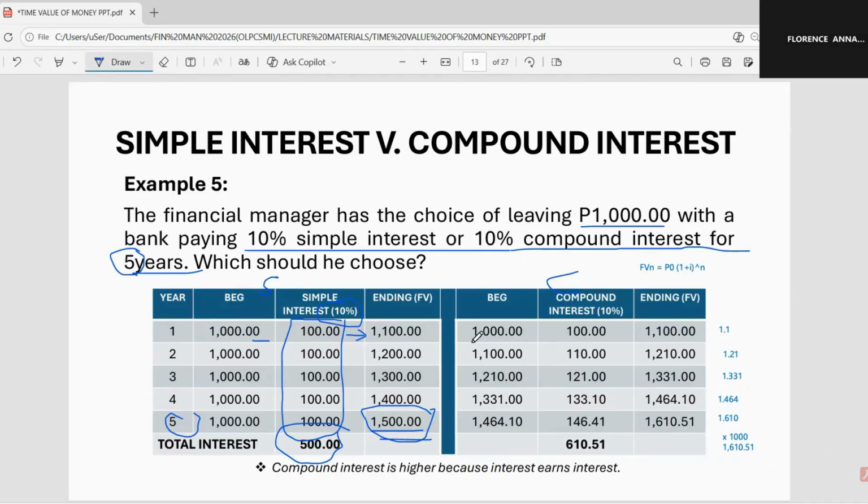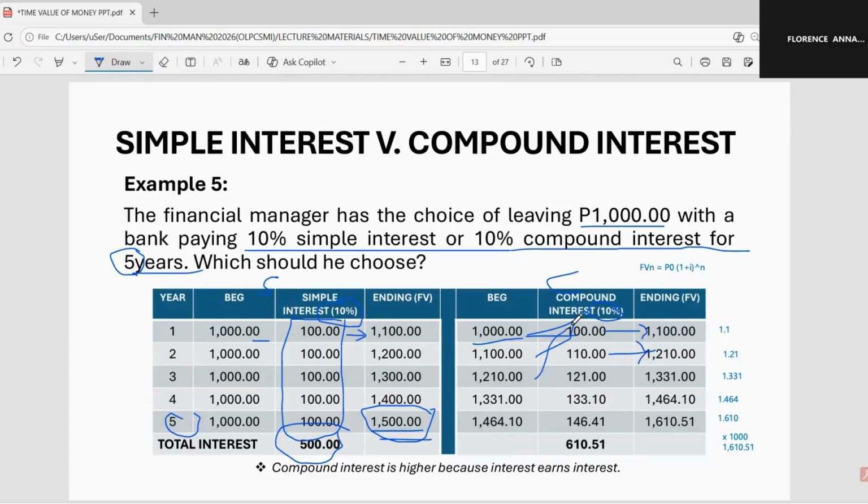present value na 1,000 times 10% interest rate, you'll get 100 na interest. You add that from your present value, you'll get 1,100. Your value at the end of your period 1 times 10%, you'll get 110. You add that and you'll get 1,210.